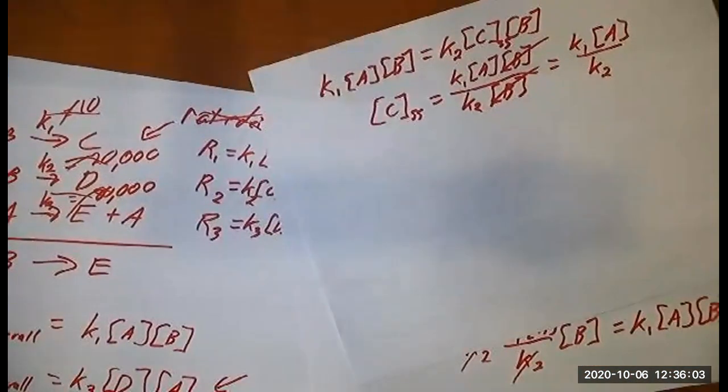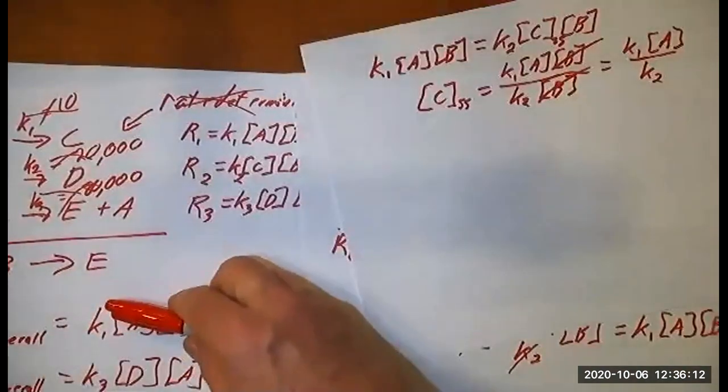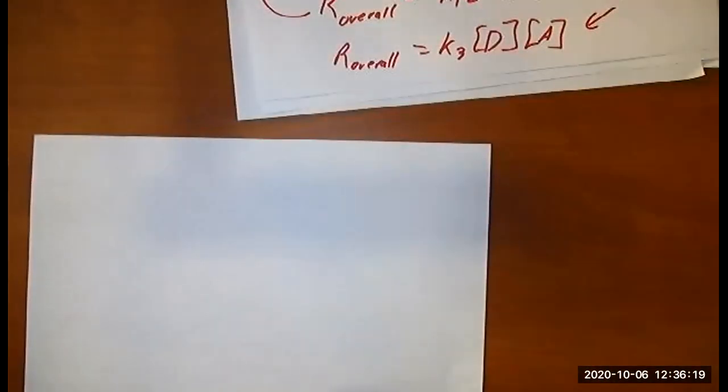Can you walk through and just tell where you get each one from, to get the overall reaction? Okay, sure. Let me do it on a clean sheet of paper since there's a lot of writing on there already.